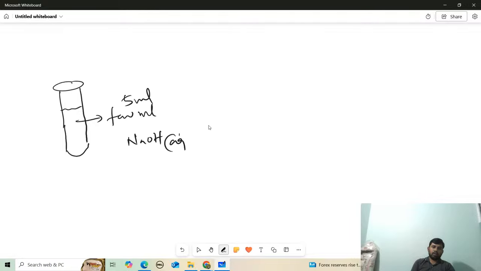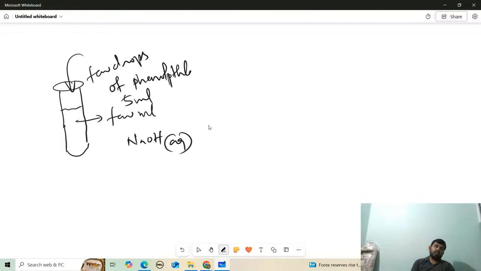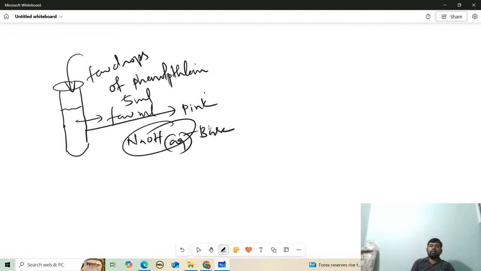Then they are adding a few drops of phenolphthalein indicator. What is the color? After the addition, it is pink because this is a base. So in basic medium, phenolphthalein is pink.